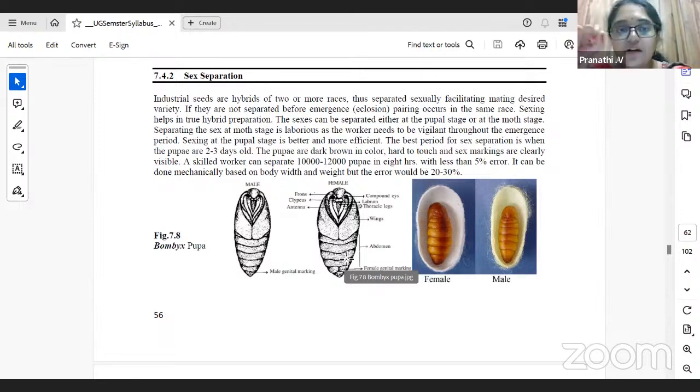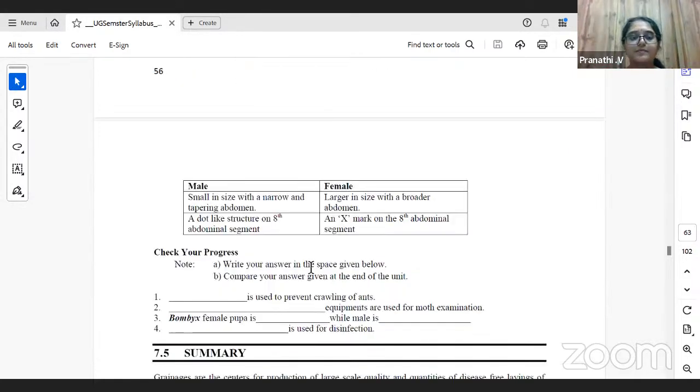Any skilled worker can separate around 10,000 to 12,000 pupae in just 8 hours, with hardly 5% error. Mechanically it can be done, but around 20 to 30% error occurs. So it is always better if a worker separates the male and the female moths.